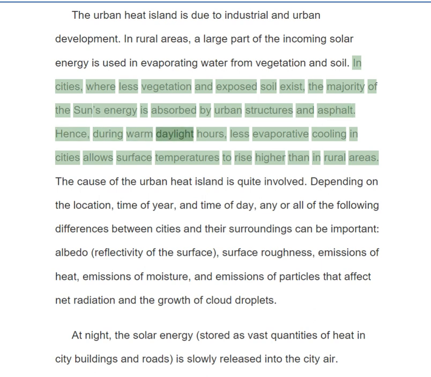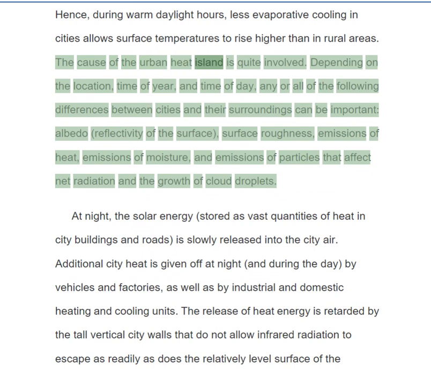Hence, during warm daylight hours, less evaporative cooling in cities allows surface temperatures to rise higher than in rural areas. The cause of the urban heat island is quite involved. Depending on the location, time of year, and time of day, any or all of the following differences between cities and their surroundings can be important: albedo, surface roughness, emissions of heat, emissions of moisture, and emissions of particles that affect net radiation and the growth of cloud droplets.